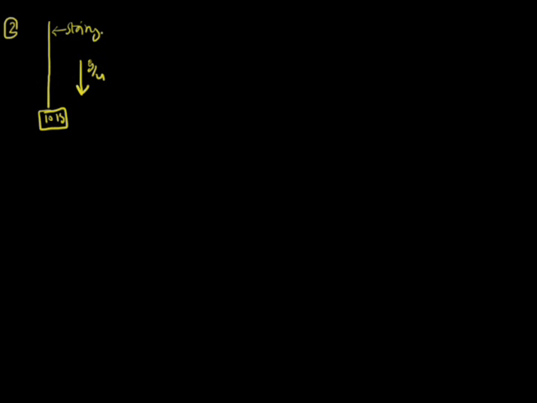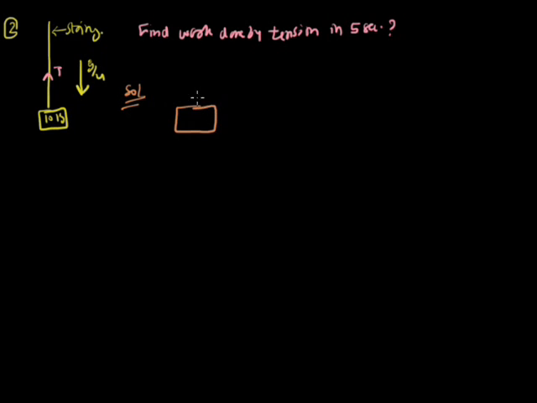Okay. Now we will simply draw the free body diagram of this block. Let this be the tension T, this is mg, and the overall acceleration is g by 4.